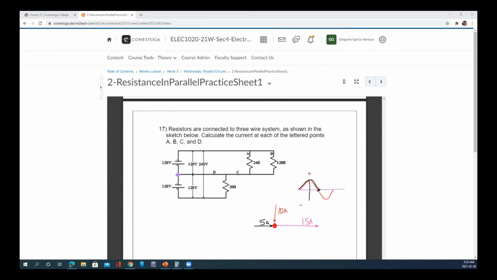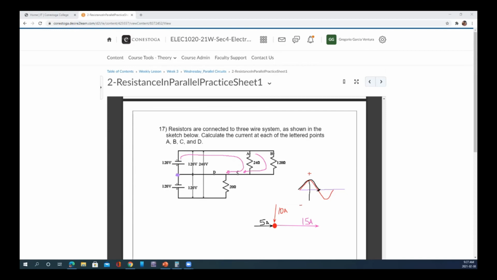So when you are solving this circuit here, it's going to be the same concept. You have to keep in mind that the flow of current here is like this. That's going to be one vector. And this one goes like this. That's going to be another vector, right?